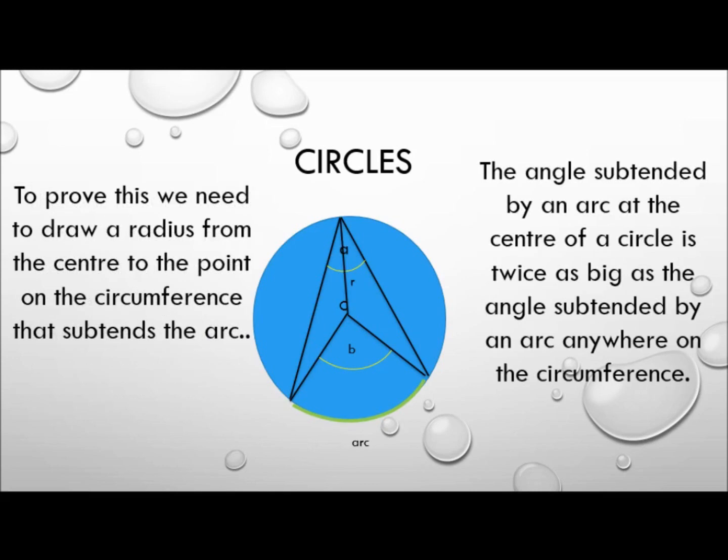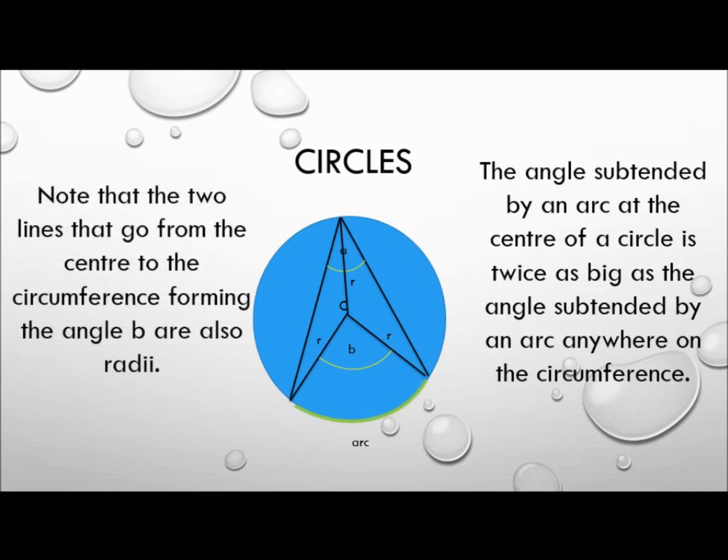Now to prove this, we need to draw a radius from the centre to the point on the circumference that subtends the arc. We can also note that the two lines that go from the centre to the circumference forming the angle B are also radii.